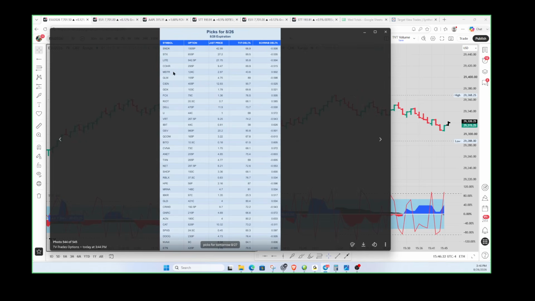I like Mr. I like Riot. Out of this whole list, the ones that I like are pretty limited. They don't have a lot of the ones that I like. Moderna's a big mover usually when it goes. Net's usually a big mover too. IBIT is in here, so we didn't need to do IBIT for the 0DTE. You already got it right here.